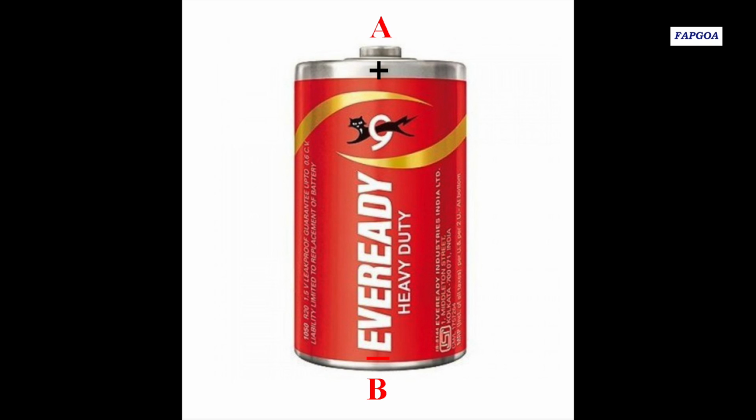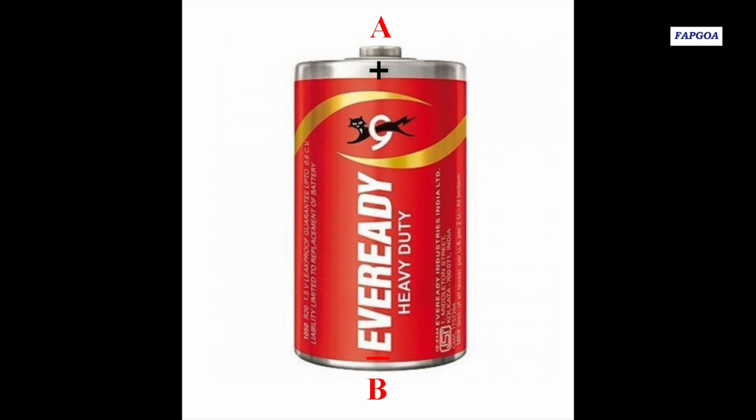The cell in the picture produces a voltage of 1.5 volts. The same points are placed on the two ends of the cell. Point A is at higher level and point B is at lower level.